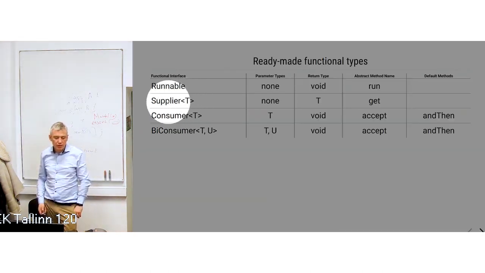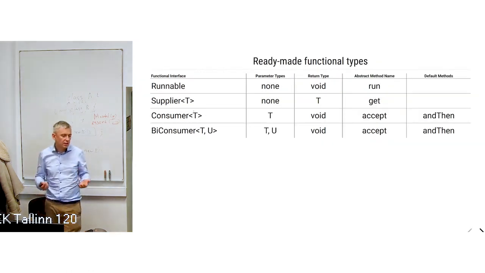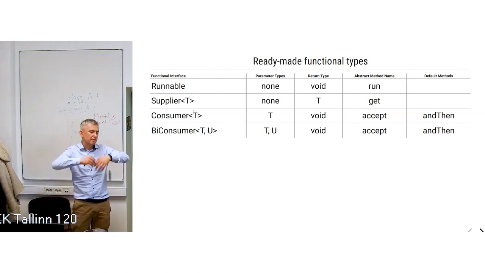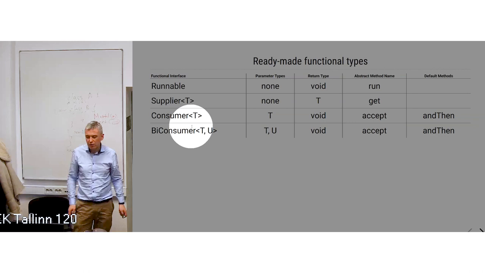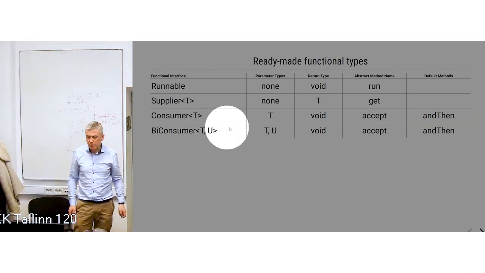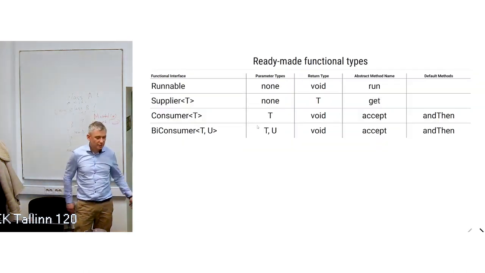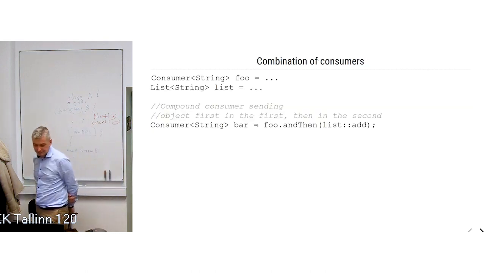Consumer is vice versa, something that just swallows something and produces nothing. And BiConsumer is a consumer that can swallow a pair of things. Okay.